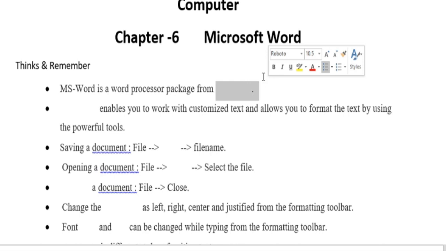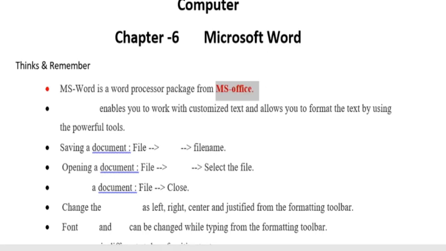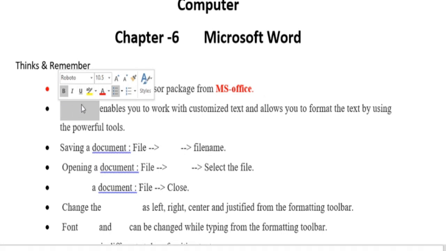Yes, it is a package of MS Office, Microsoft Office, that enables you to work with customized text and allows you to format the text by using powerful tools. Yes, MS Word enables you to work with customized text and allows you to format the text by using the powerful tools. And saving a document.